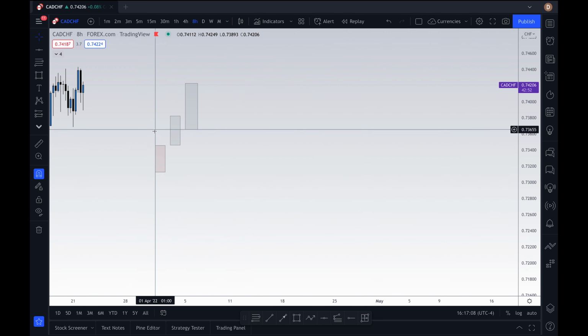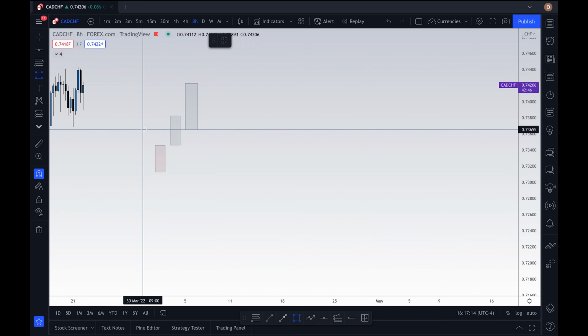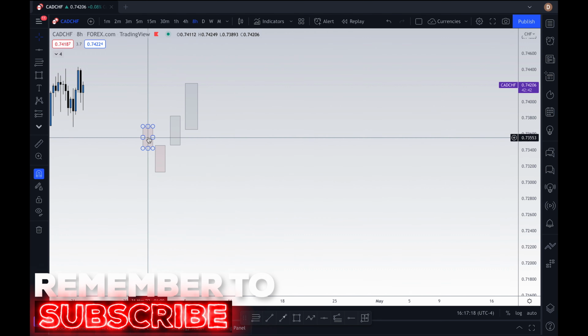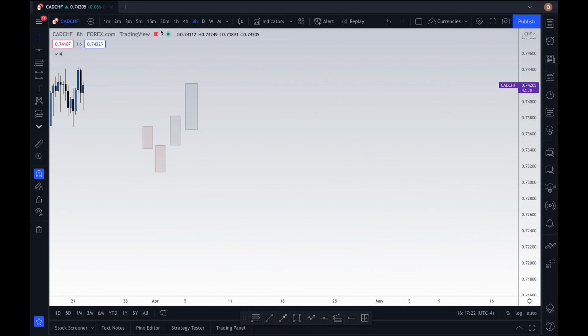Okay. This was a down candle. So price was moving down, and then price reversed and went higher. Okay, so price continued higher.